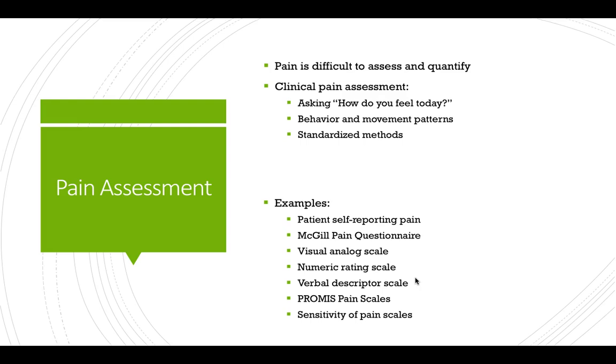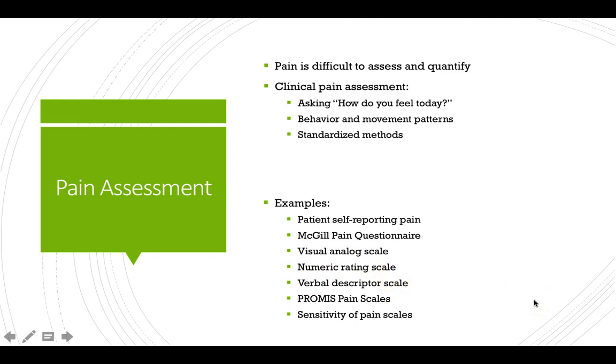There are multidimensional pain scales and unidimensional. Multidimensional scales integrate pain components, including the affective and behavioral patterns. Unidimensional tends to only focus on intensity of pain. So when we talk about standardized measures, most of what we do is usually unidimensional, right? It's what we call the numeric rating scale.